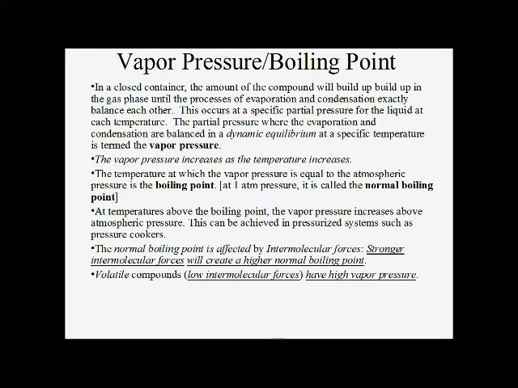This is called the vapor pressure of the liquid. Vapor pressure is temperature dependent, and vapor pressure will increase as we increase temperature. Since evaporation is an endothermic process, as we add temperature to the system, it will allow more of the liquid to evaporate, increasing the vapor pressure of the liquid.